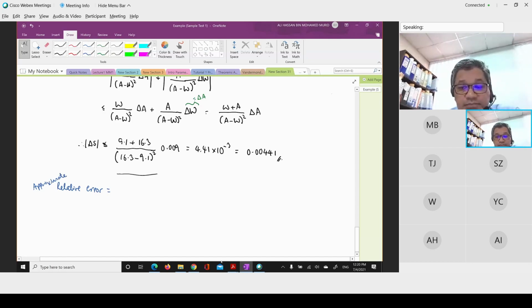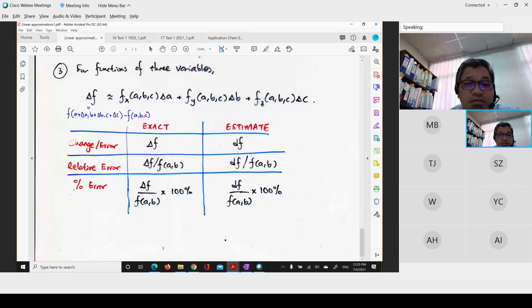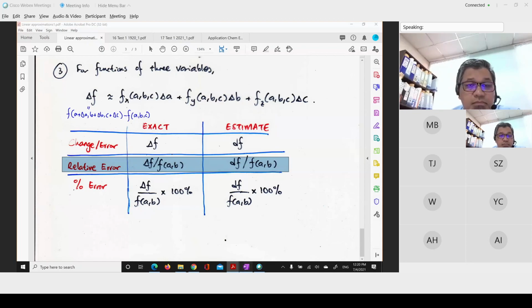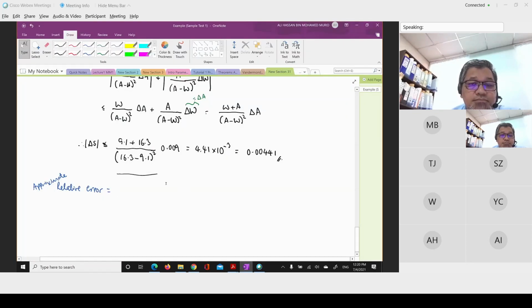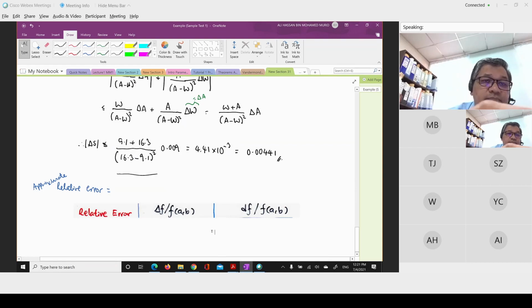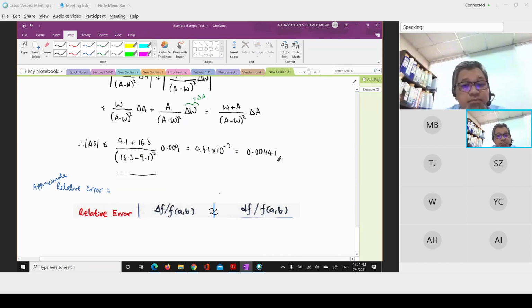According to the table, the approximate relative error is the error divided by f(a,b).